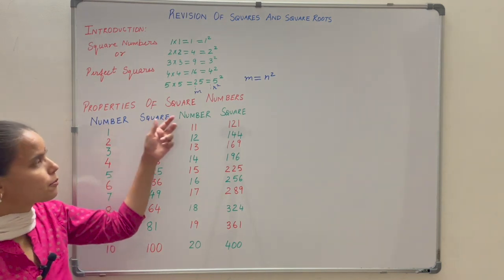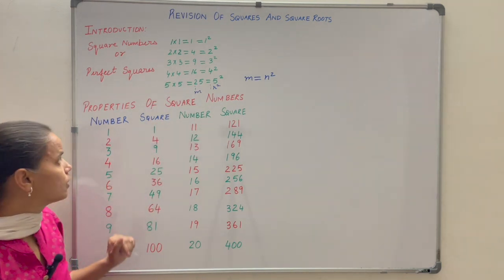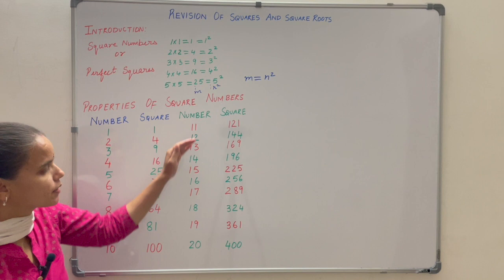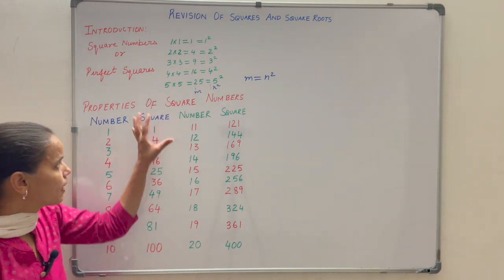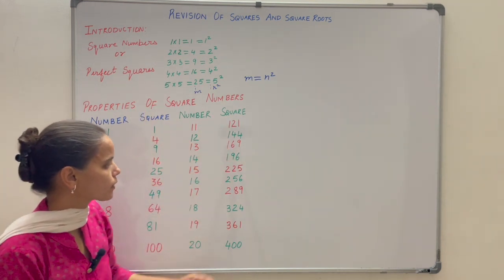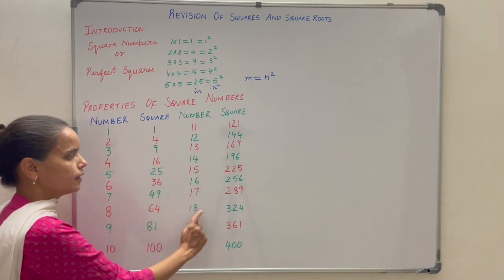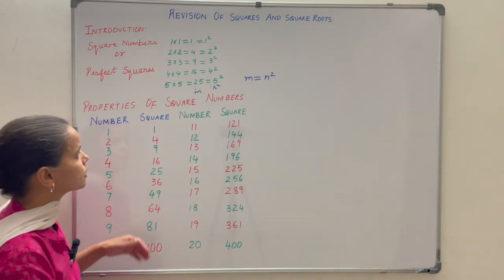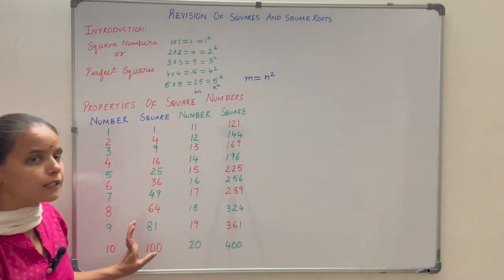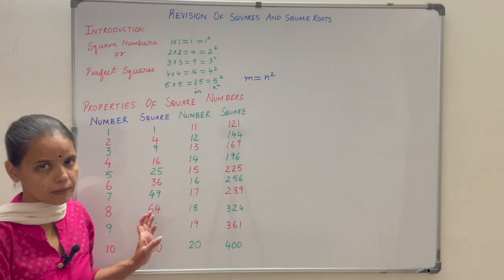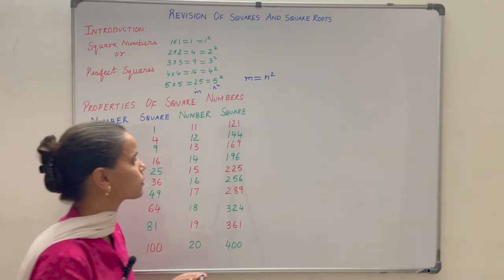Let us now discuss the properties of square numbers. Here in this column I have written down all the numbers, and here I have written down the squares of the respective numbers. Let us observe the units place of the square numbers. What numbers are present in the units place of a square number?